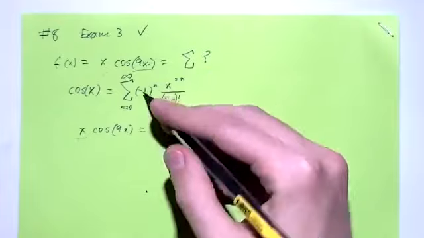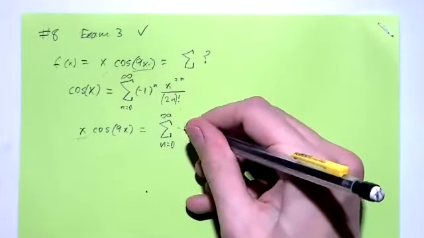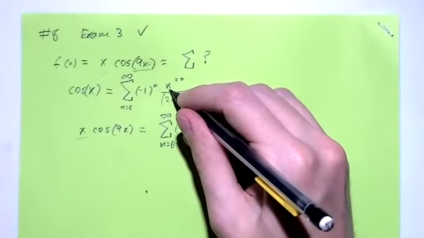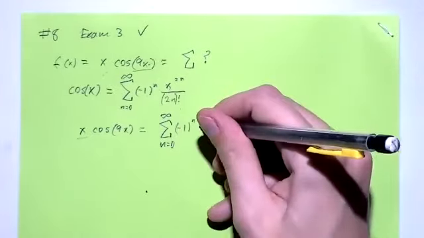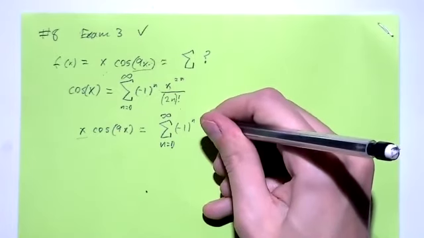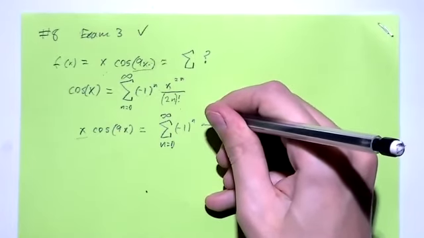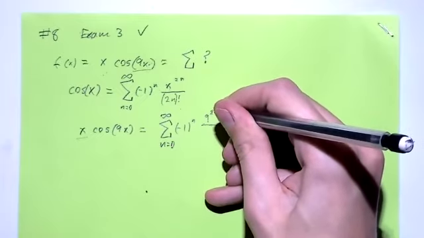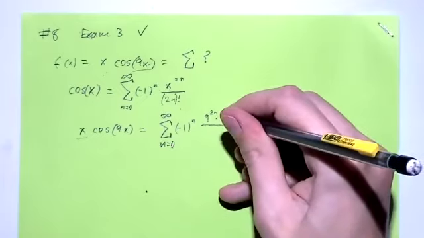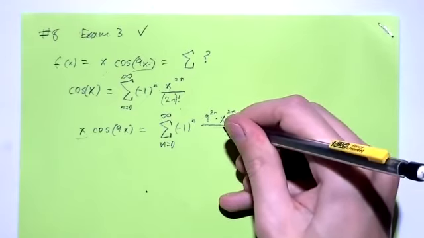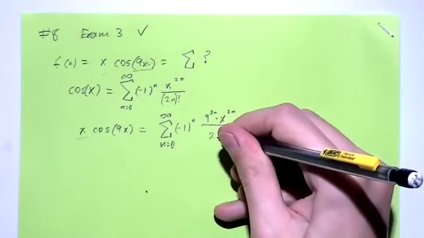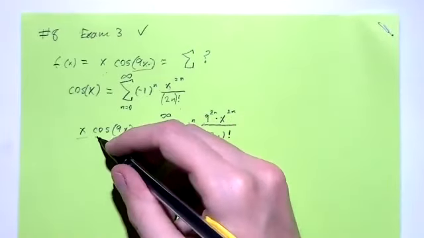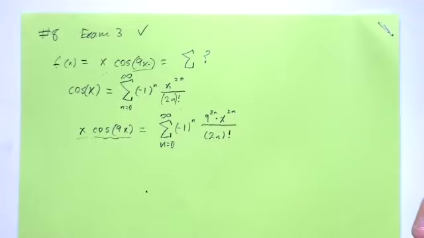So this is unaffected, negative 1 to the n. Don't have to worry about that. This is going to be affected. So instead of x to the 2n, we can separate it as 9 to the 2n times x to the 2n, then all over 2n factorial. That's just dealing with that part right there.